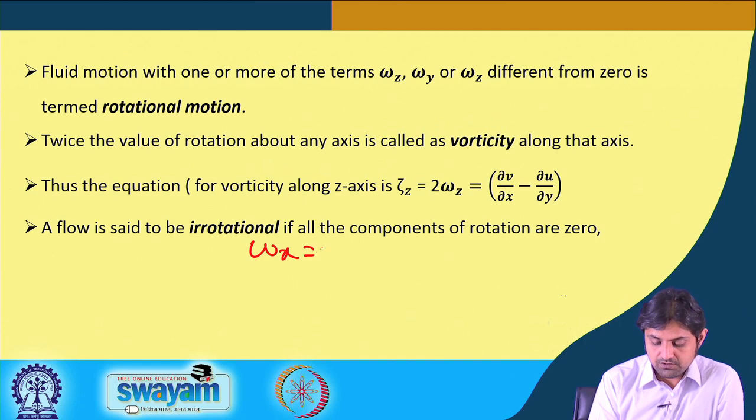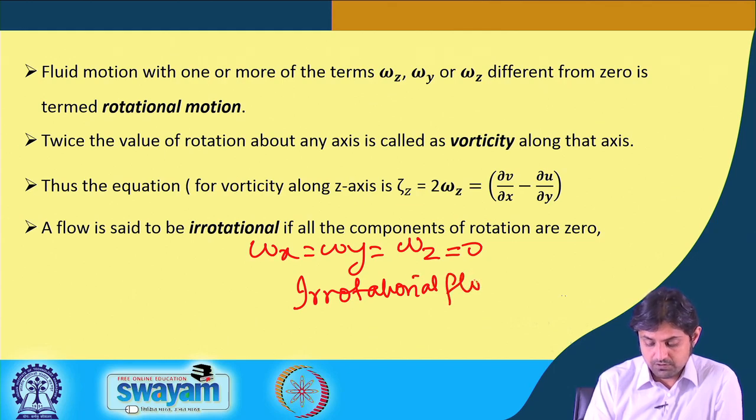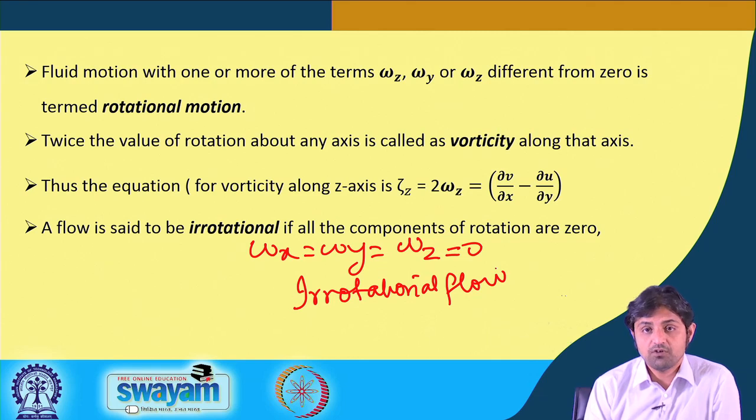Omega x is equal to omega y is equal to omega z is equal to 0. This is called irrotational flow. This is what we assume the water flow in most of our hydraulic engineering based application.